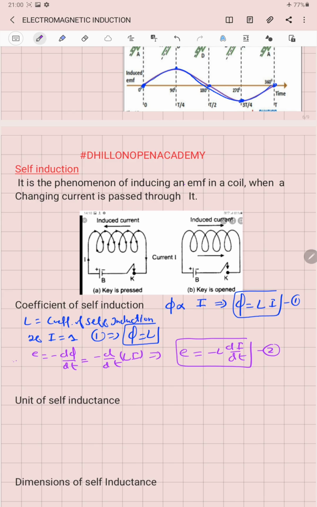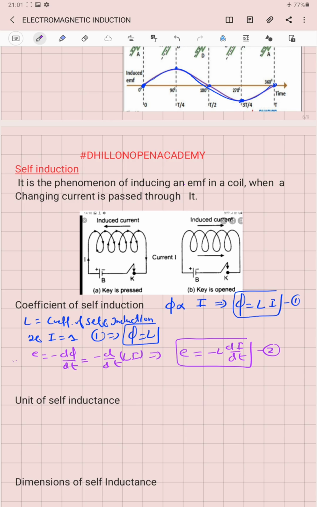Here you can clearly see that E is directly proportional to di by dt. That is, the EMF induced in the coil is directly proportional to the rate of change of current. So the greater the rate of change of current, the more EMF will be induced. The negative sign, according to Lenz's law, means the EMF induced will try to oppose that change in the current.